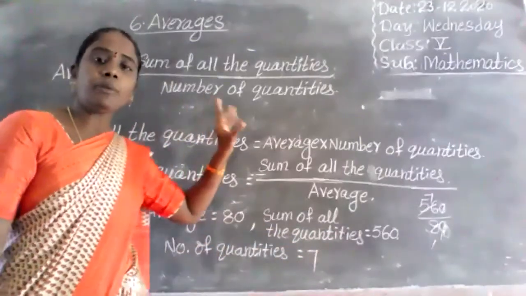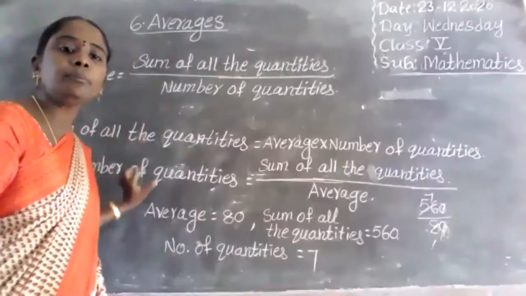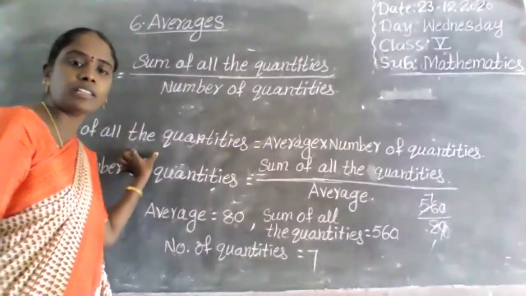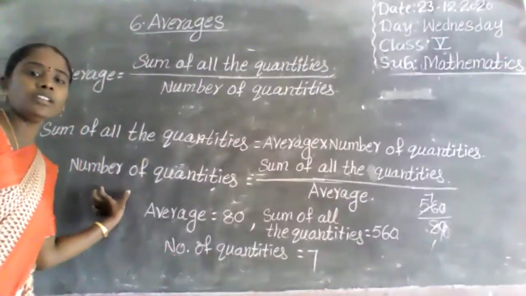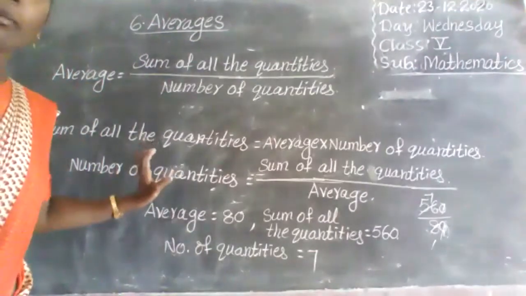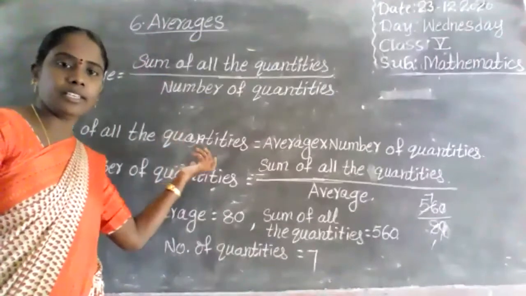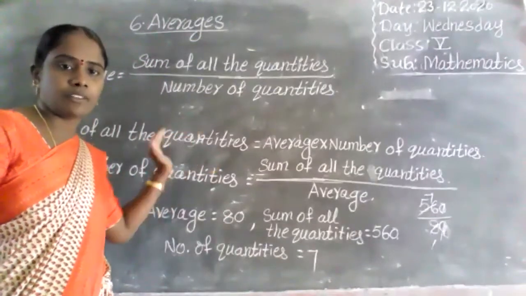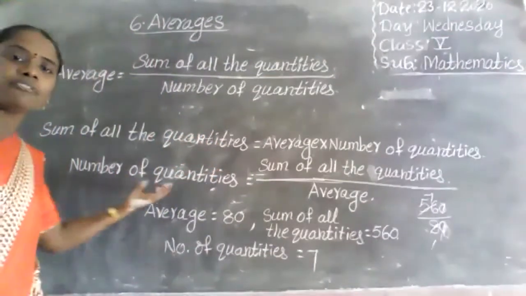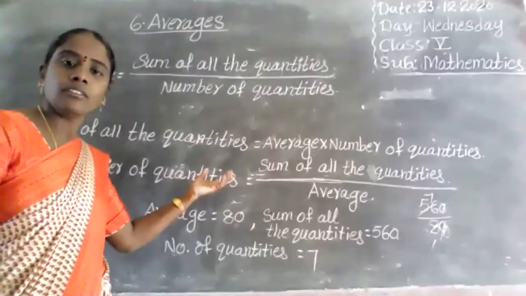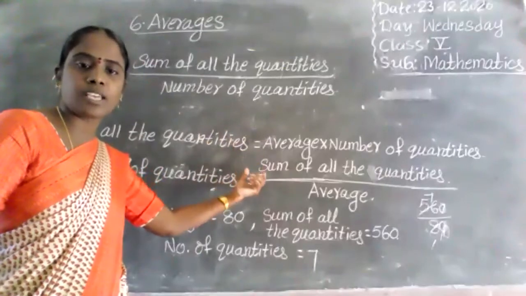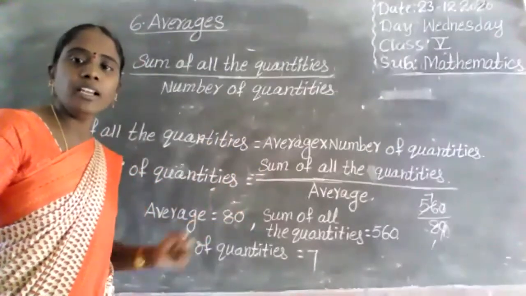From one problem, I explained 3 principles: how to find the average, how to find the sum of all the quantities, and how to find the number of quantities. Whichever is asked in the problem, we use these principles to find the answer. Did you understand?